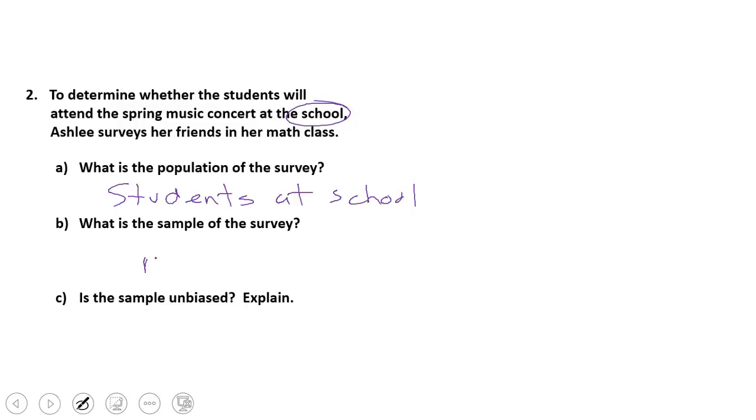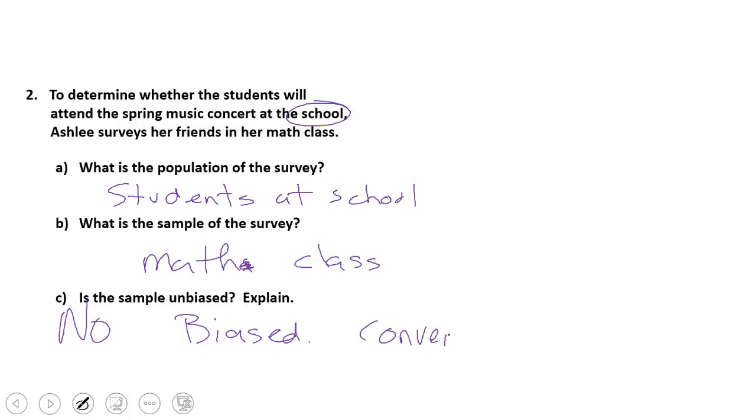The sample of the survey would be the math class. Oops, a little bit of misspelling there. Math class. And is this sample unbiased? No. This is a biased sample. Because she did something called convenience. She just said, hey, I'm in math class, I'm going to survey my math class.